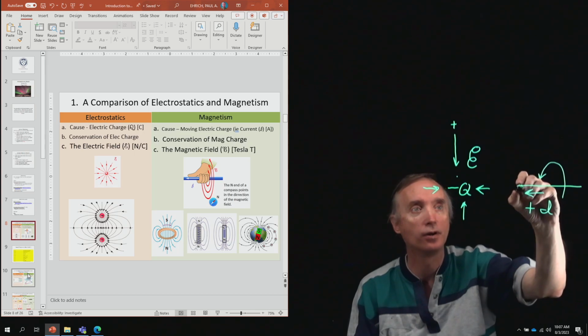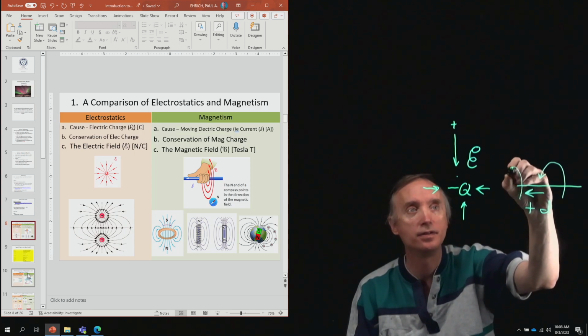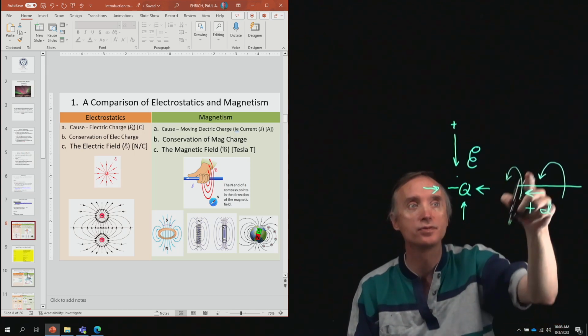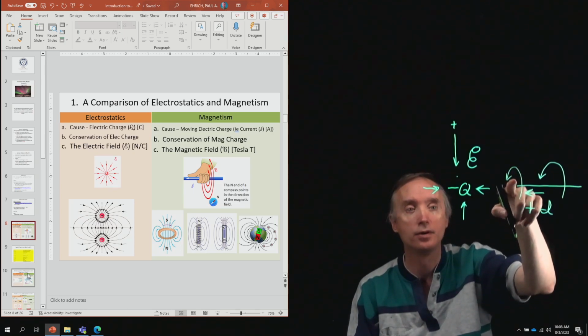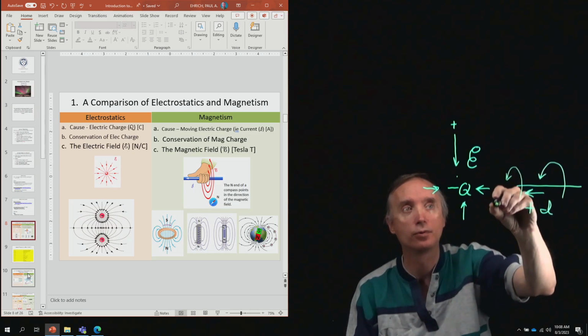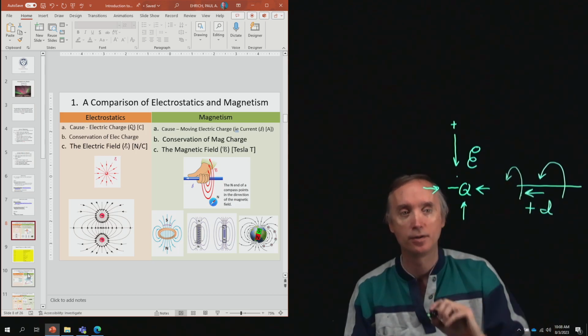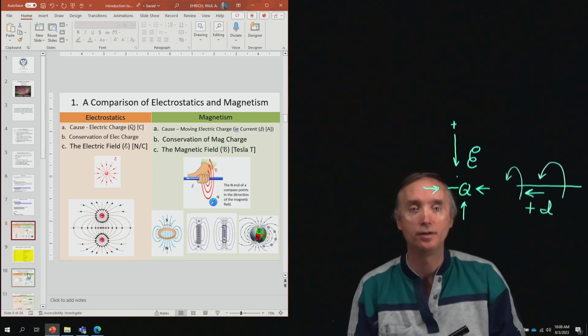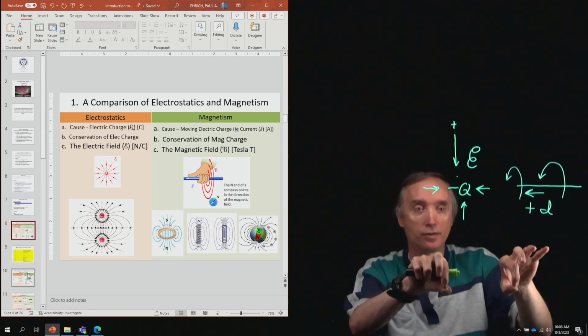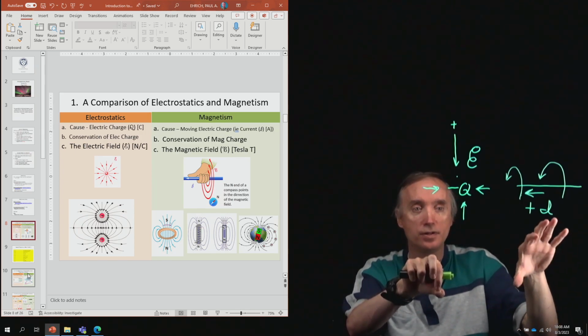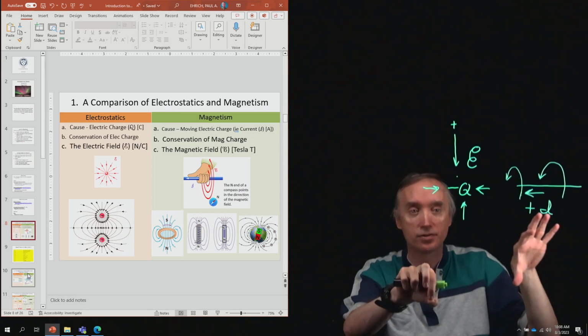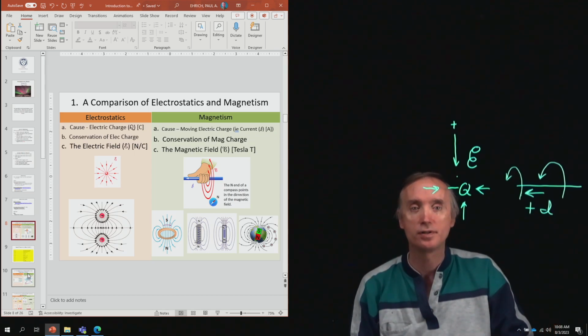So over here, you would have an identical set of circles that would go around the wire. And then there would be another circle that would go around it, and another circle that would go around it. So it's an infinite number of circles that are next to each other, and then each circle has another circle that is surrounding it. And that's a representation of the magnetic field.